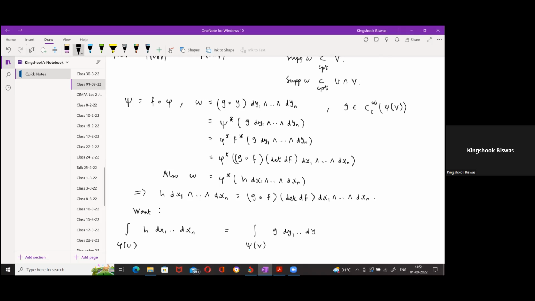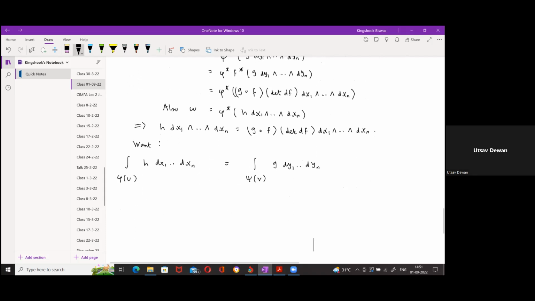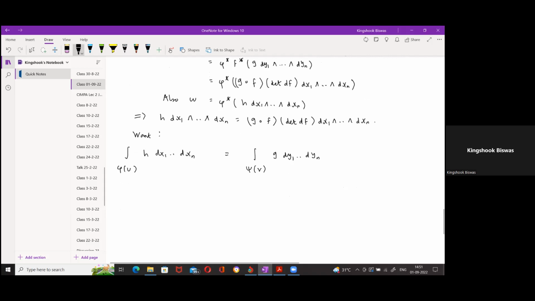The left hand side is the definition of the integral if I use the chart phi. The right hand side is the definition of the integral if I use the chart psi, right? Now, what are these left hand side and right hand side?